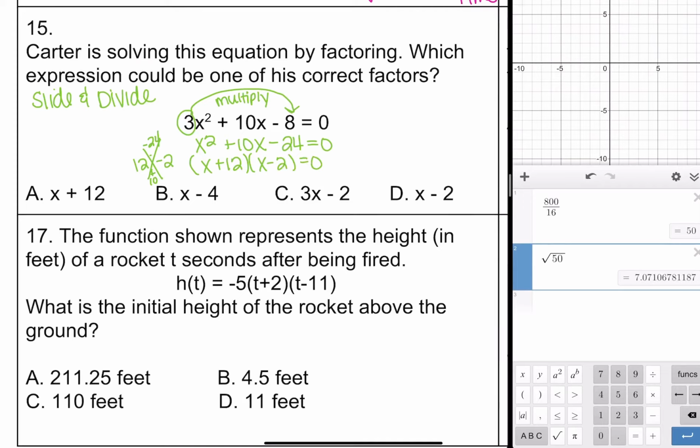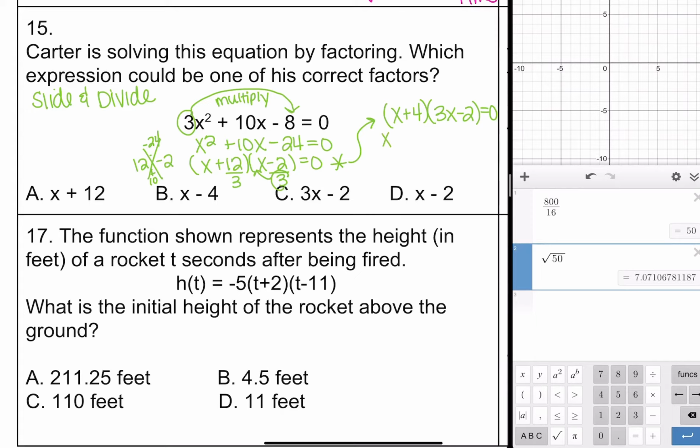Now I set each factor equal to 0, but not until I do my dividing. So at this stage is where you divide by the number that was in front to begin with. We've got to undo that multiplication. So if we simplify this, that gives us x plus 4, and since we can't simplify 2/3, the 3 will come in front of the x. 3x minus 2 equals 0, and now we set each factor equal to 0.